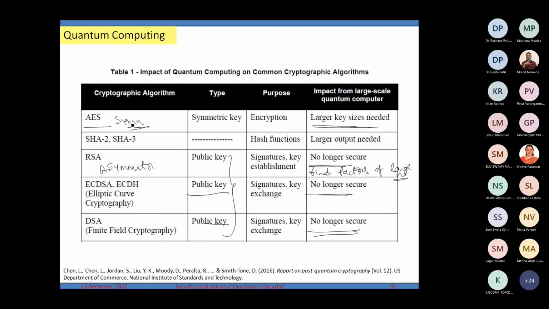Your security implementation is having RSA or digital signature scheme or the Diffie-Hellman key exchange or elliptic curve scheme. All these schemes would no longer be secure.